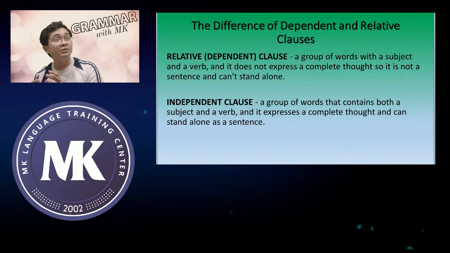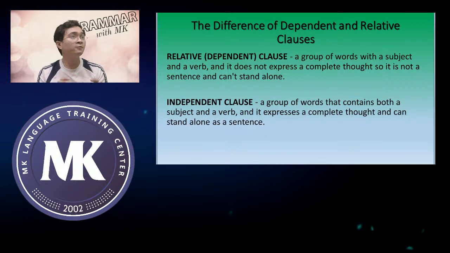So even though this kind of clause has a subject and verb, somehow the thought is incomplete. And if the thought is incomplete, it cannot stand alone. So we call that a relative or dependent clause. From the word depend, it means it depends on the main clause or independent clause.